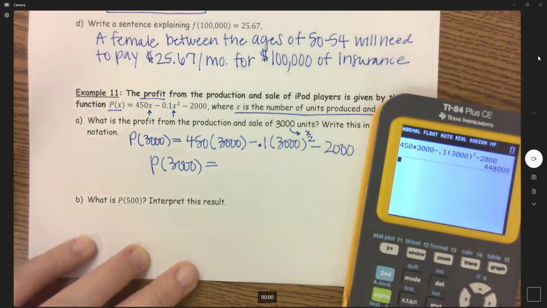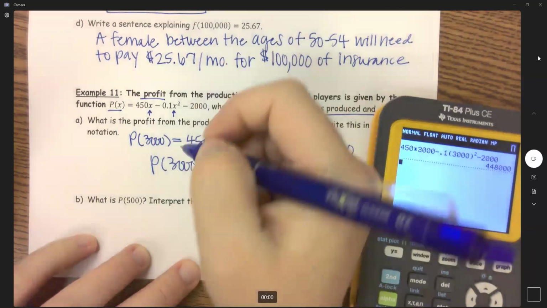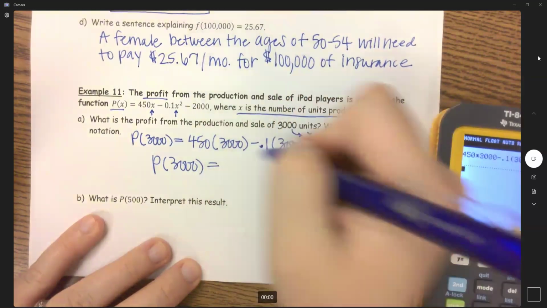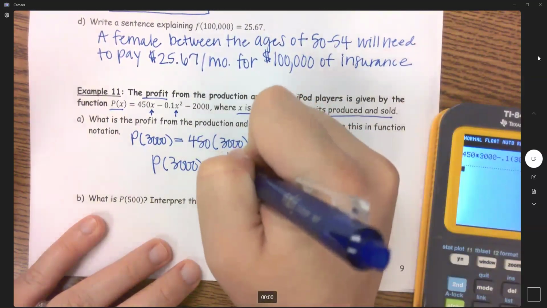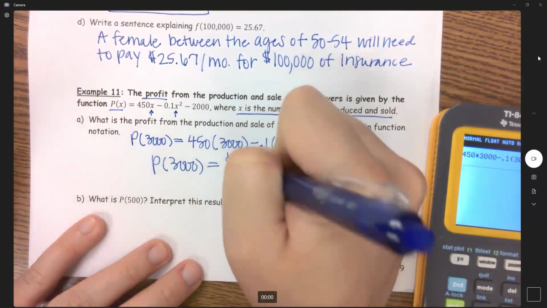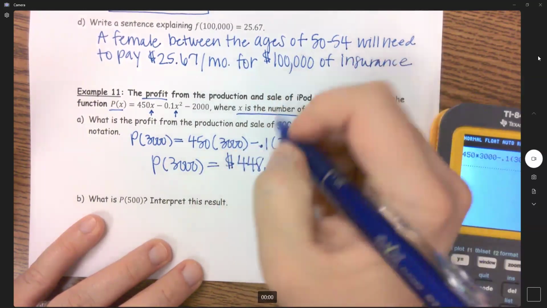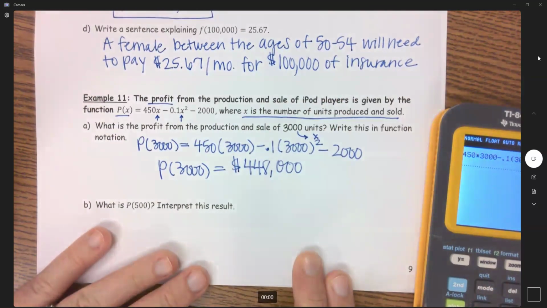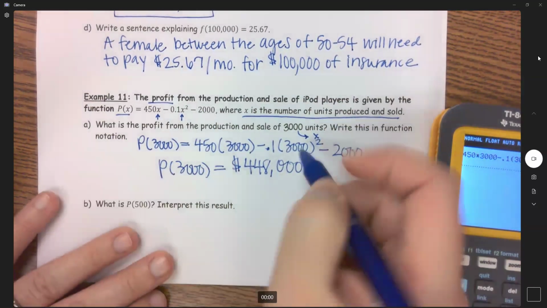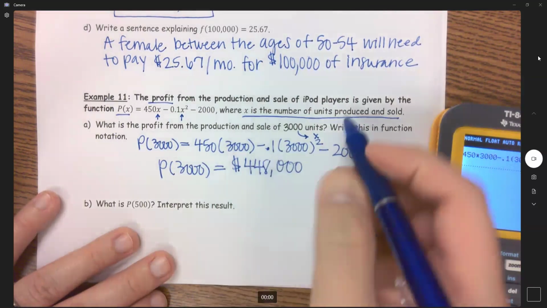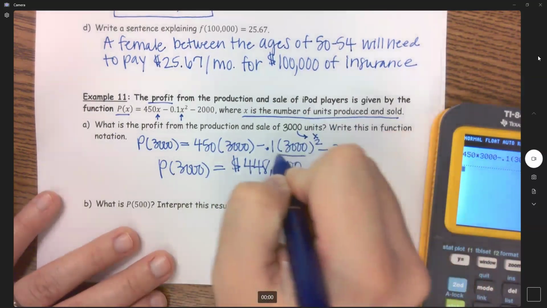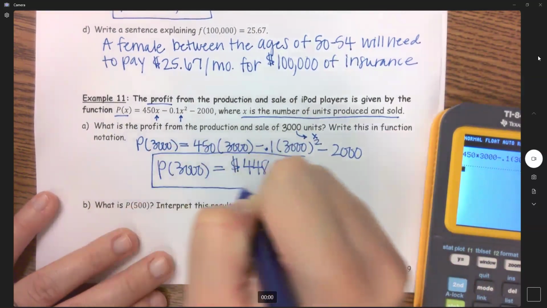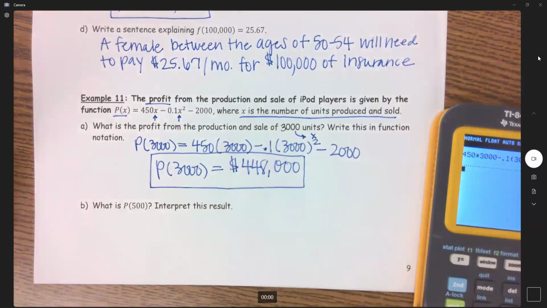I have a different answer in my key, but I think I plugged that in right. So if I plug that in right, we get 448,000 for my profit. Now, writing this in function notation means I don't want just the money there, I want all of that.